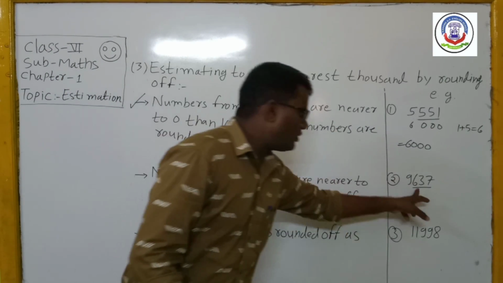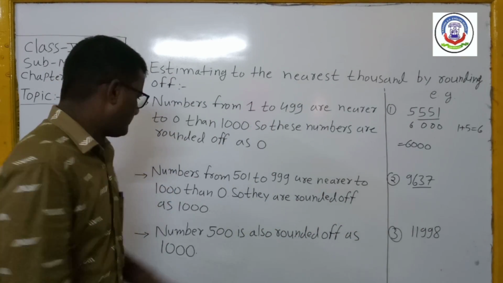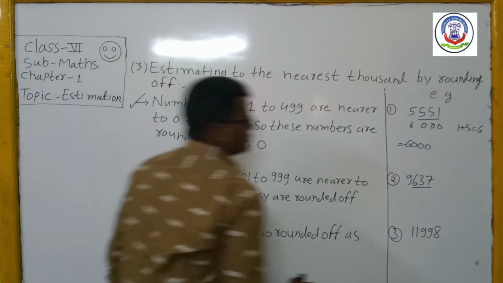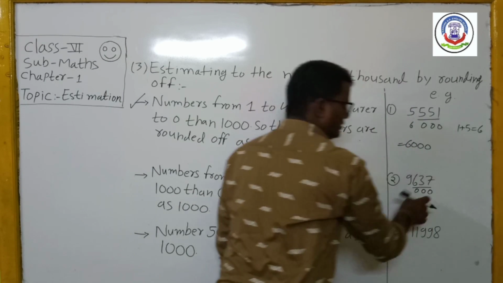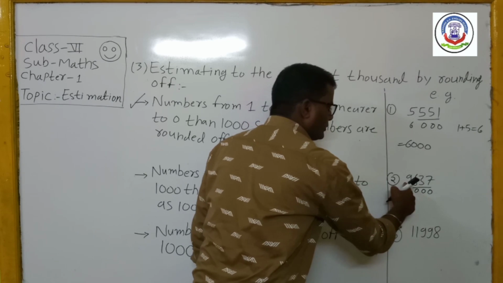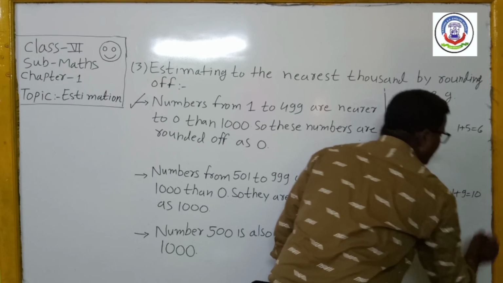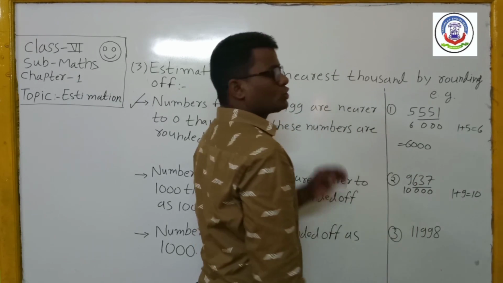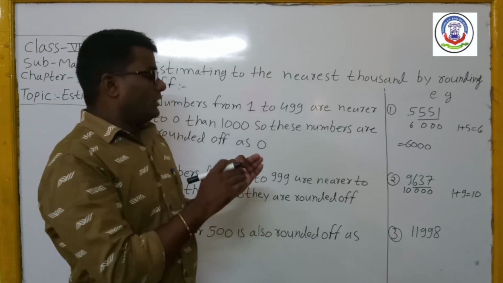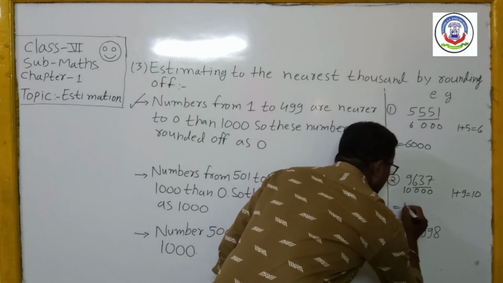Why? Because this number is nearer to 1000 according to this point. Okay. So I'll write 000 below them and add 1 to 9. So it will become 10. Okay. So I'll write 10 below 9. So the required nearest 1000 number will be 10,000. Okay students.